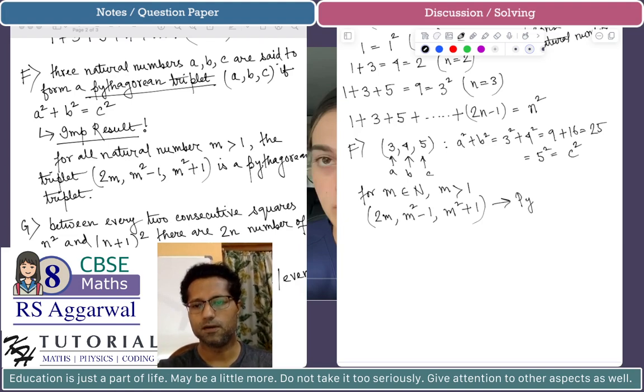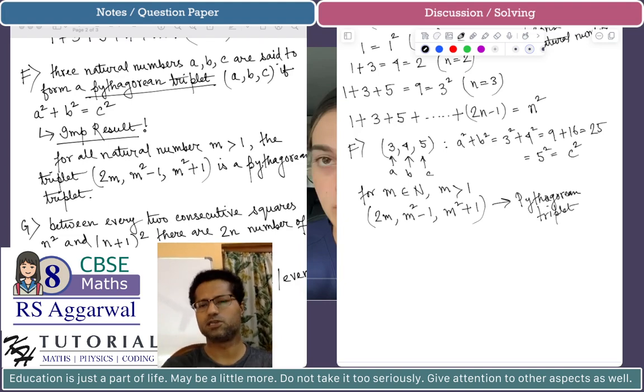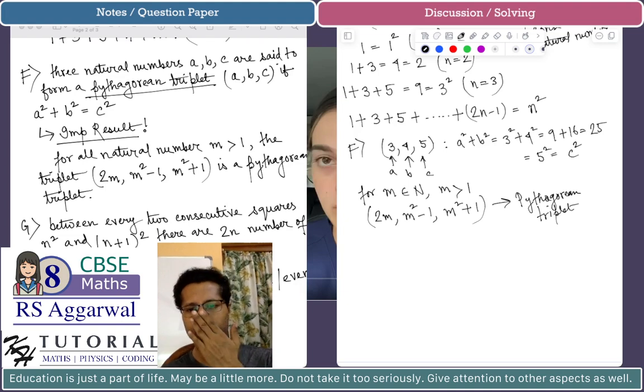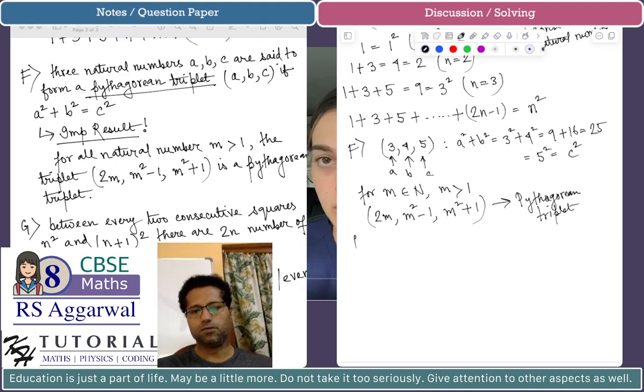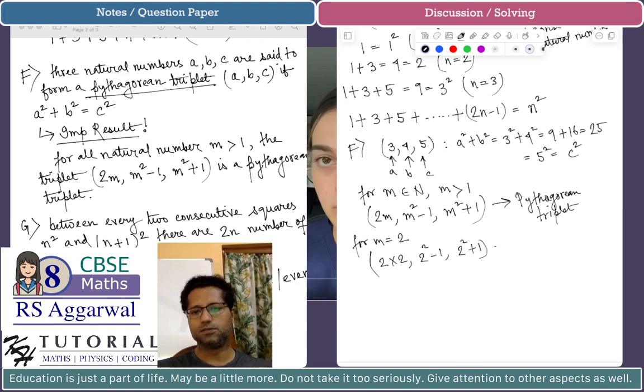This will always form a Pythagorean triplet where m is greater than 1 and m is a natural number. If you substitute any natural number m greater than 1, you can see for m equals 2, we have 2 into 2, and 2 square minus 1, and 2 square plus 1 is a Pythagorean triplet.